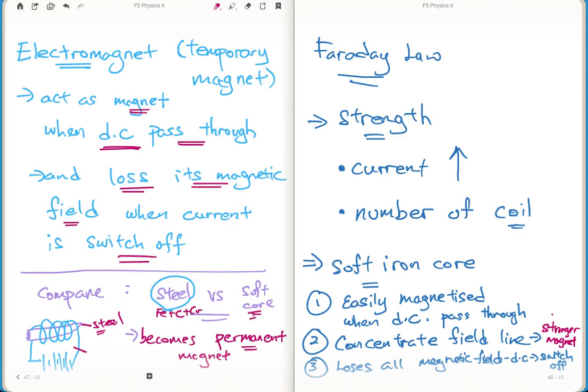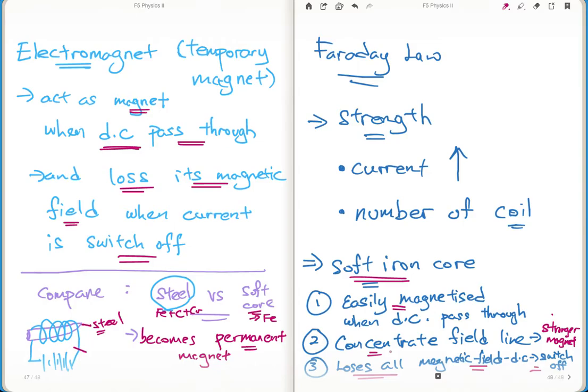Soft iron core is about ferrum. Soft iron core is important: it loses all magnetic field when you switch off the current, it is easily magnetized, and it concentrates the field lines.